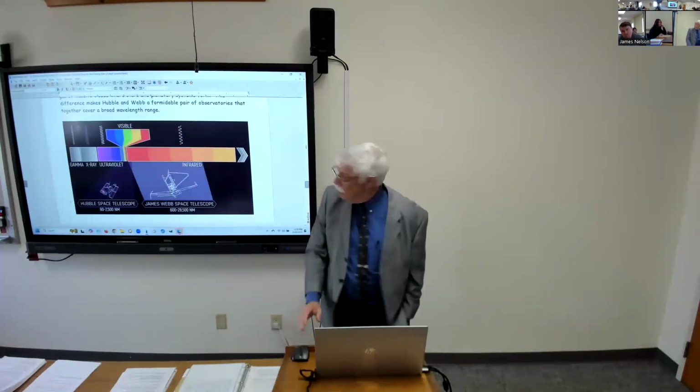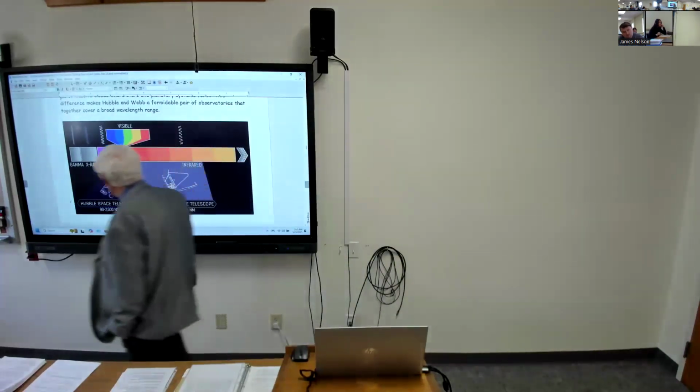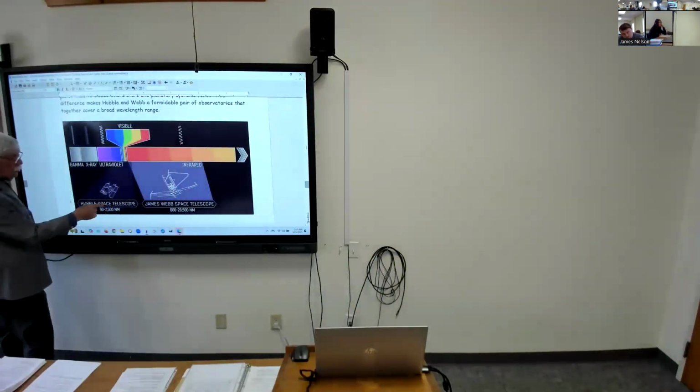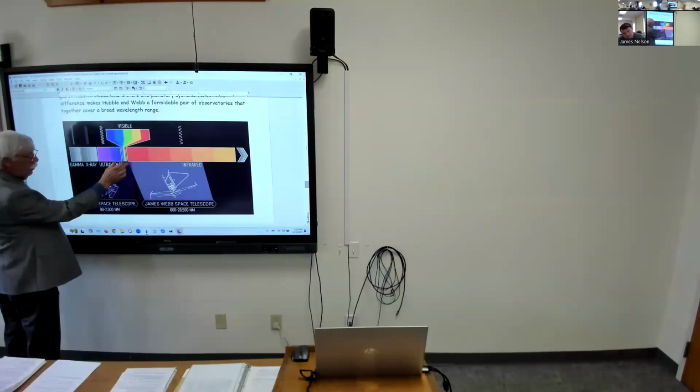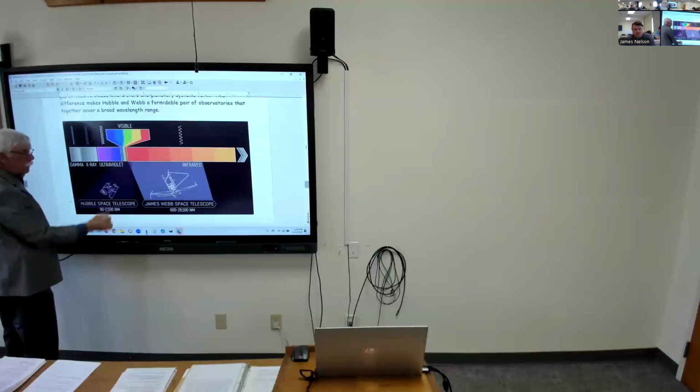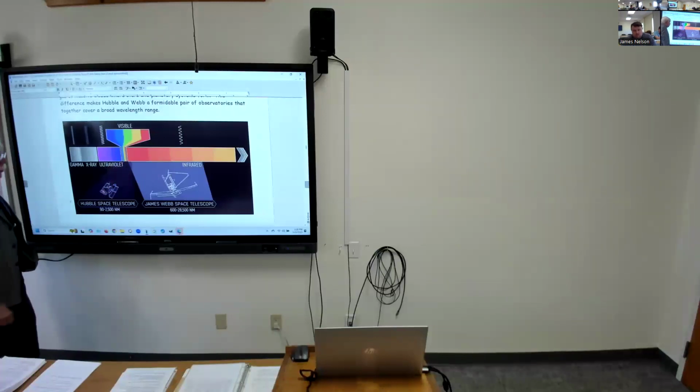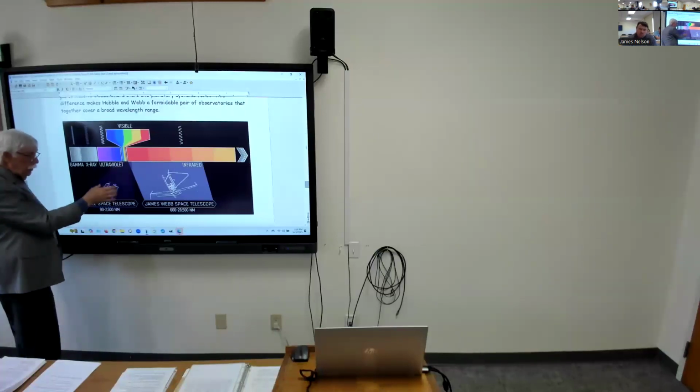Okay, this is the difference between the Hubble. So the Hubble's telescope was looking at a little bit of ultraviolet, visible, and a little bit here of infrared. So that's what it was seeing.